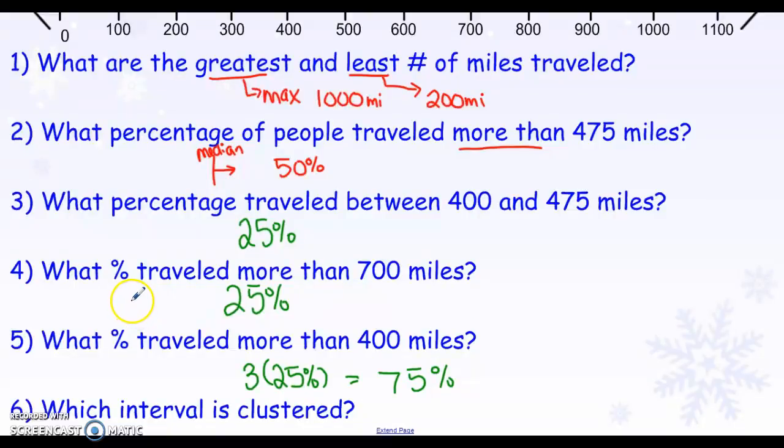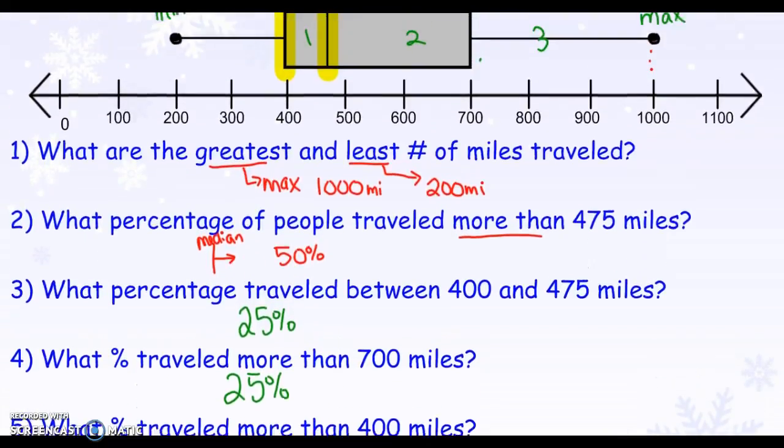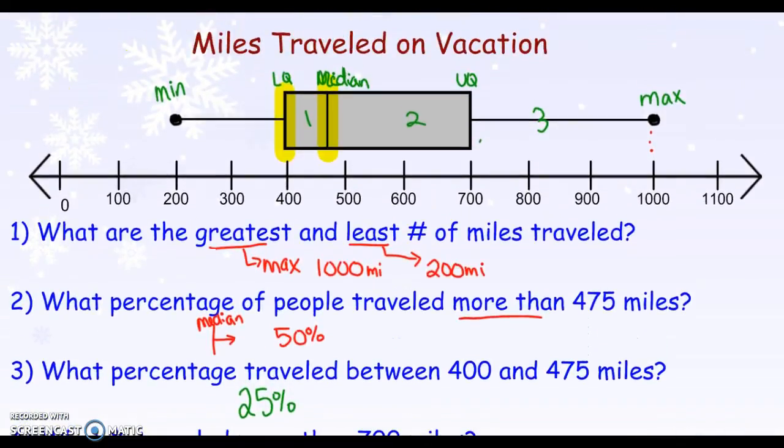Question 6. Which interval is clustered? Clustered is a dense group of information in not a large span. So if we're taking a look at our entire box and whisker plot, we're looking for the area where 25% of the data is in the smallest space available. And that occurs right here.